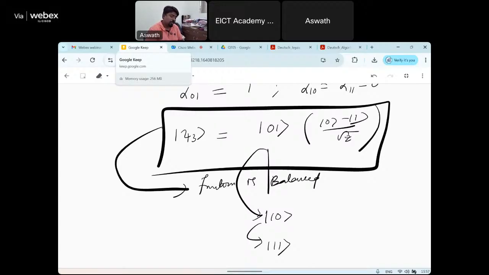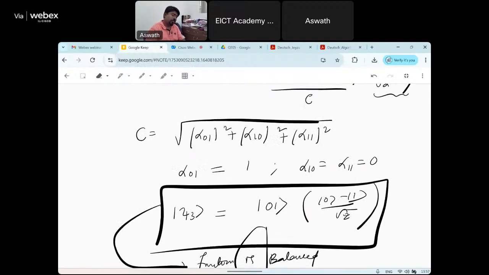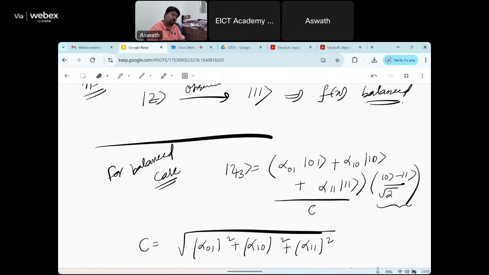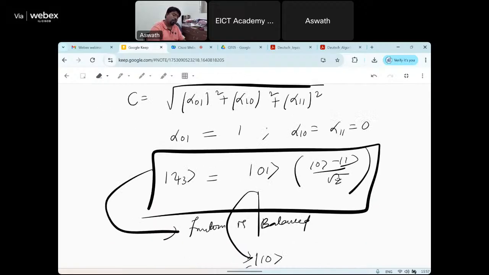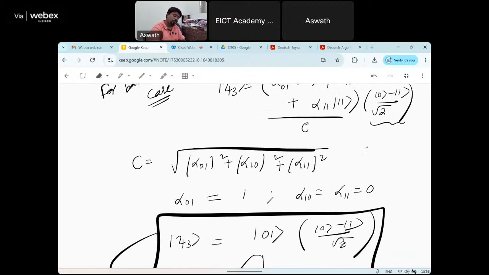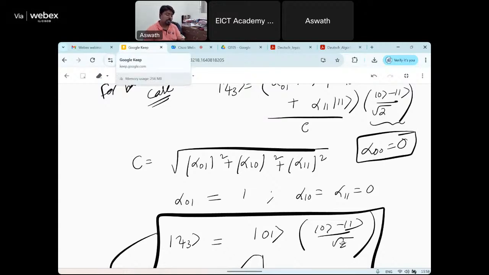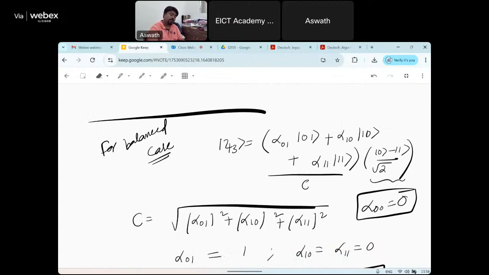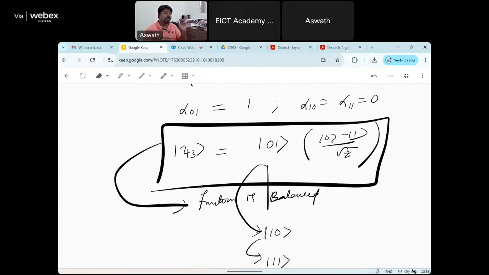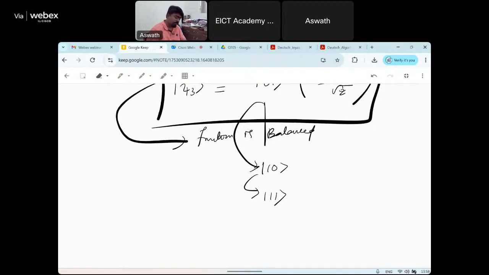See, the probability of alpha 0,0 is not there anywhere here, because alpha 0,0 is becoming 0 in the first place, which means |0,0⟩ is not there at all. So the indication of whether the function is constant or not is carried by |0,0⟩. That's a very, very simple logic.